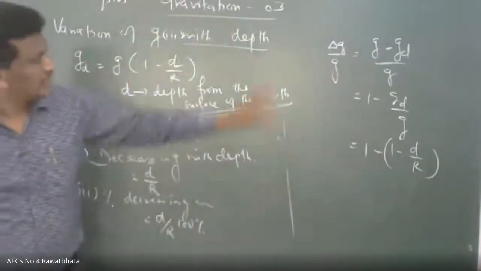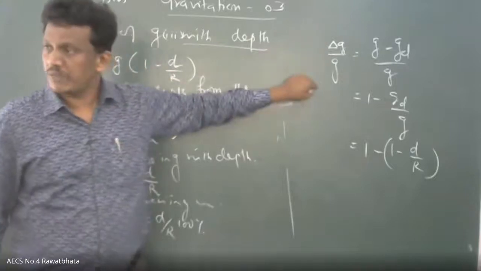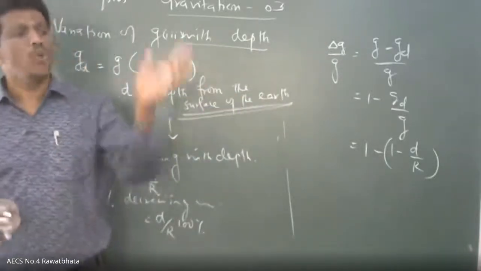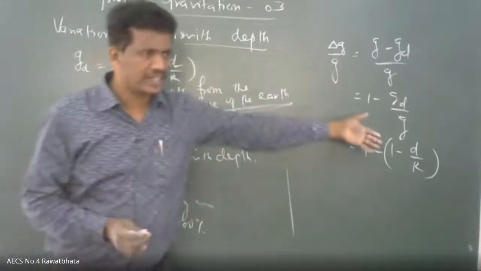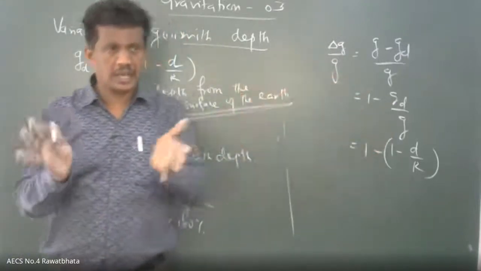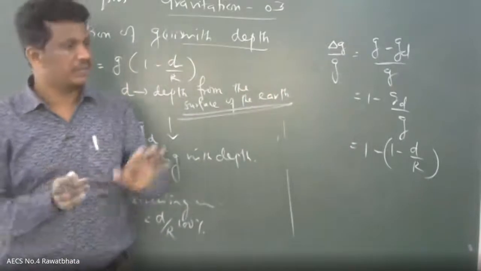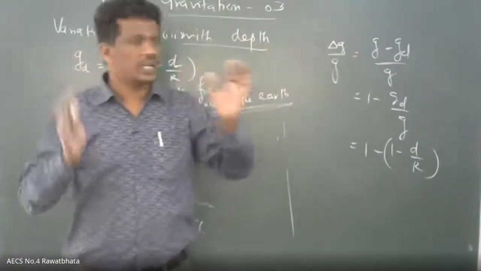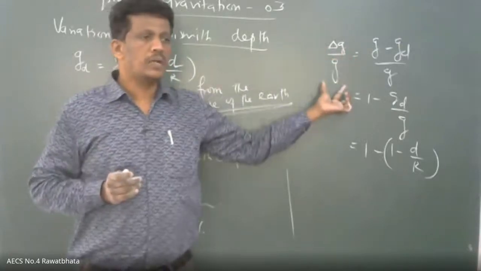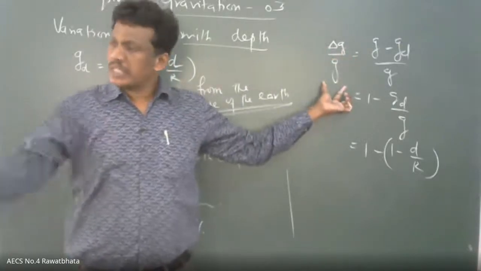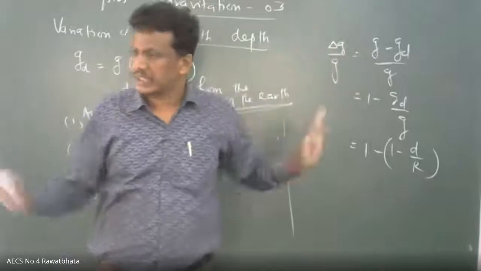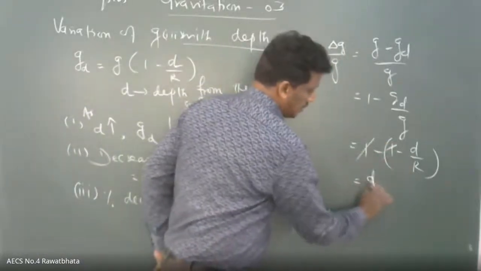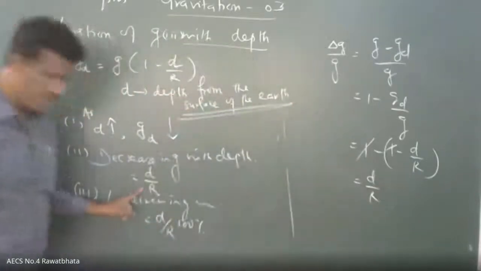Change in value upon original value is the decrease in value. If you want percentage error, multiply by 100. The error analysis you read is a very general concept: for any physical quantity, always remember change in value upon original value, and for percentage multiply by 100. So 1 cancels, minus into minus plus, so D by R. That only we got.